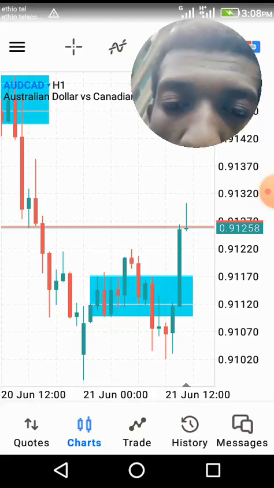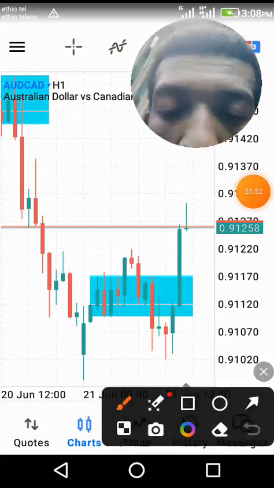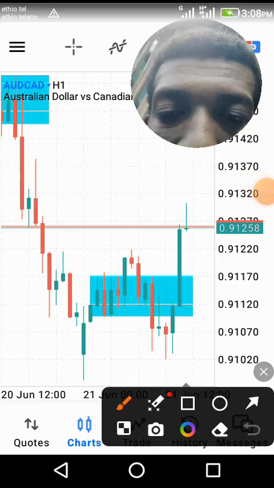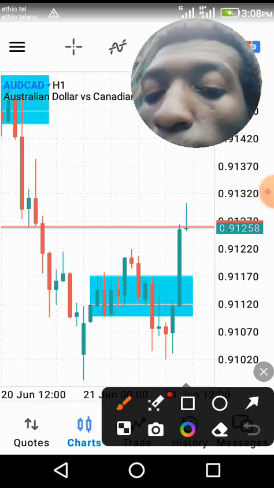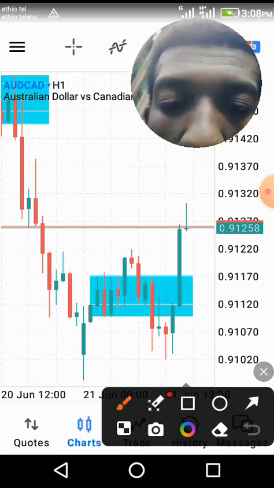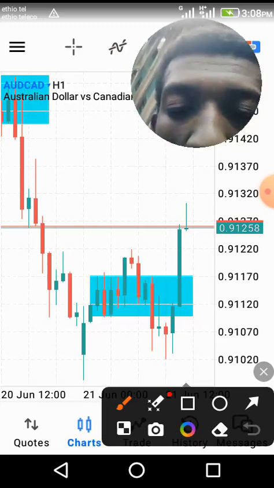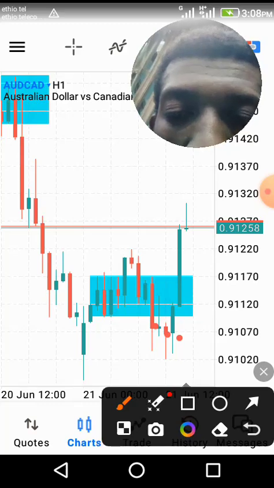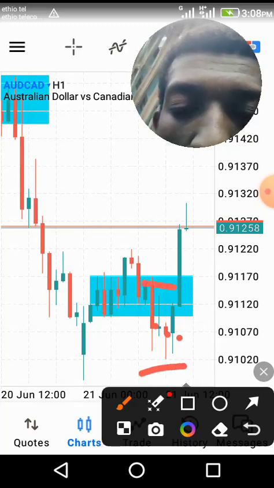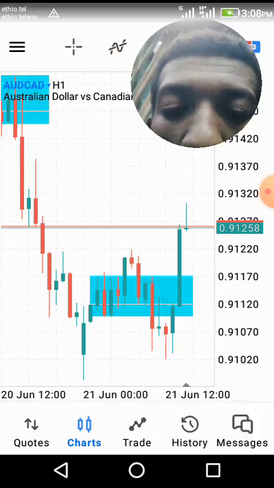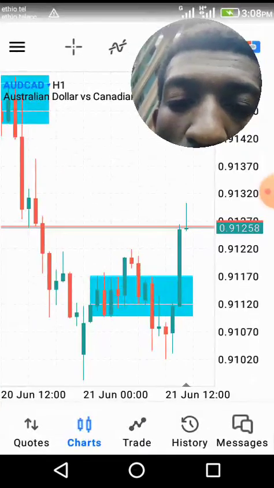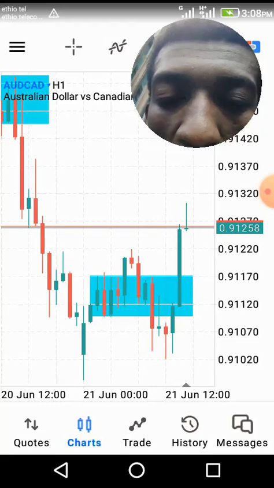Oh, then another thing happened. Another thing here. 1, 2, 3. But this is a huge wick. This is it. So no buy there. There is no buy.